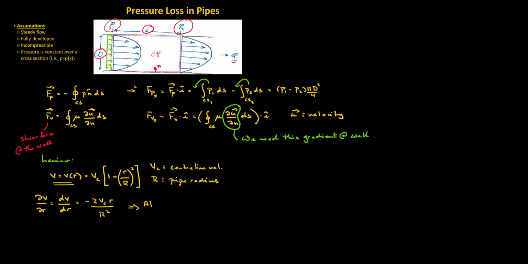And then at the wall, it is dv by dr evaluated at r is equal to capital R, and we find it to be equal to minus 2 Vc over R.